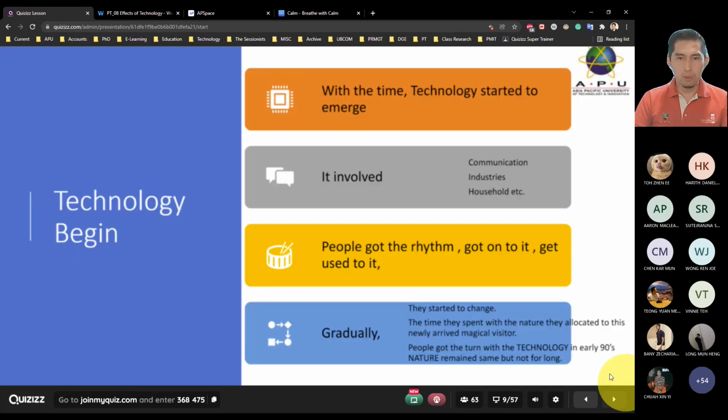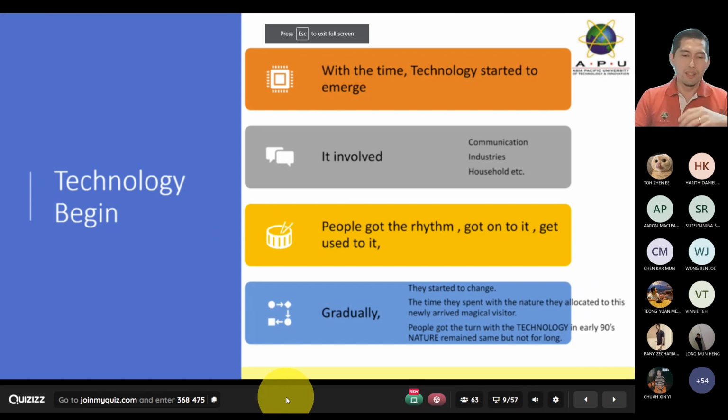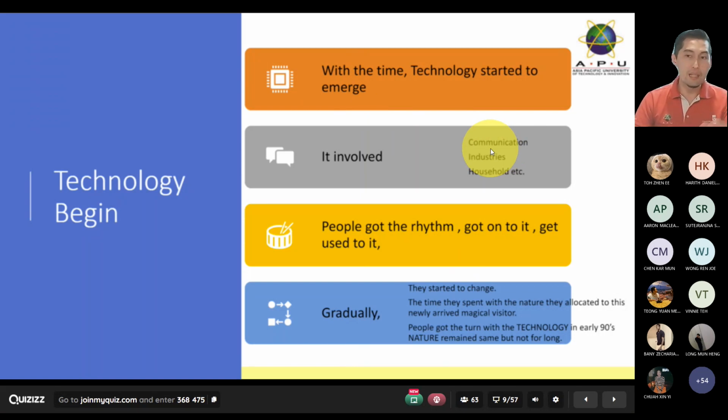So one of the first areas that we want to explore is, in the beginning, when technology started taking over. I always like to use that word. When technology started impacting our lives and emerging, many areas were impacted by it. As highlighted here: communication, industries, household appliances, a lot of where technology first initiated.